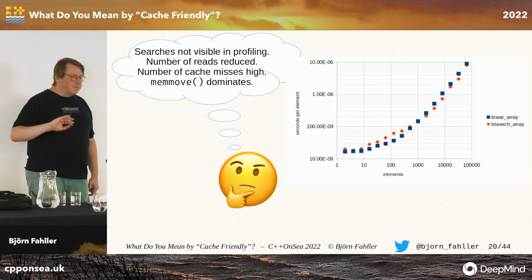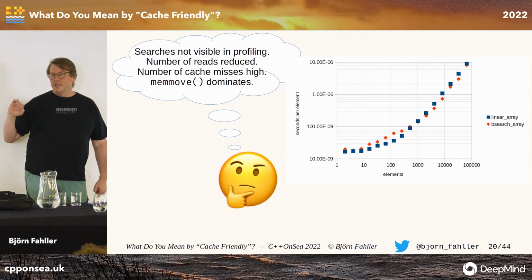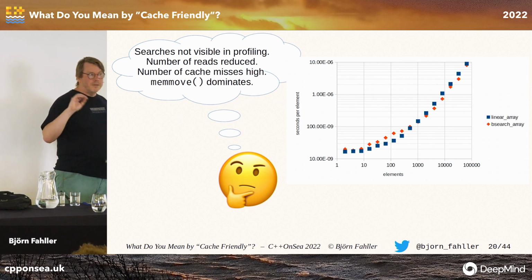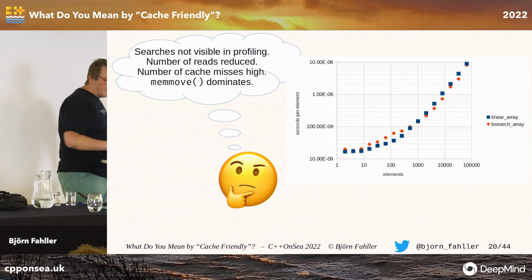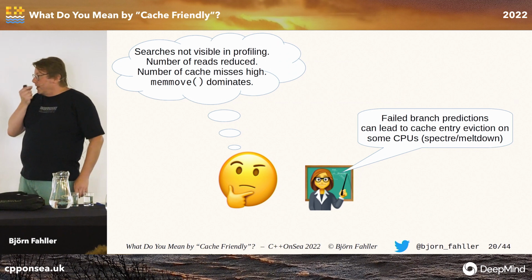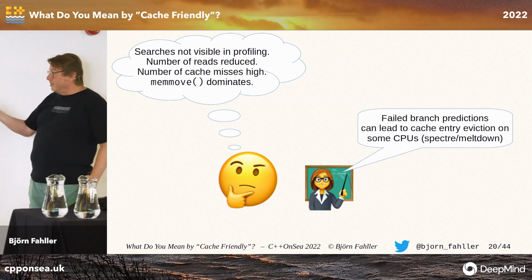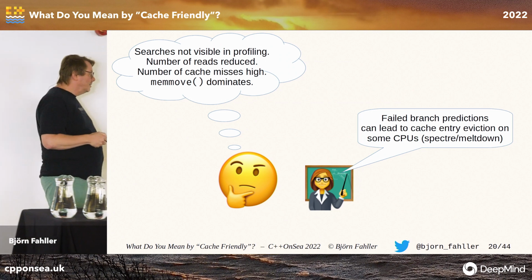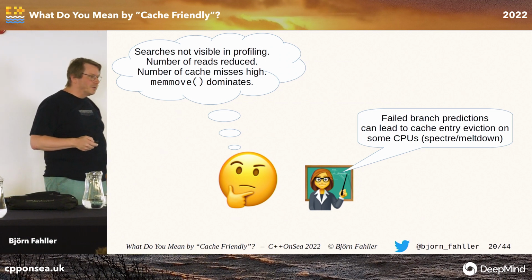After that, we get a small gain for the binary search. That is worth keeping in mind. I couldn't show this, but I mentioned that you can get really, really weird results on a few years old CPUs.